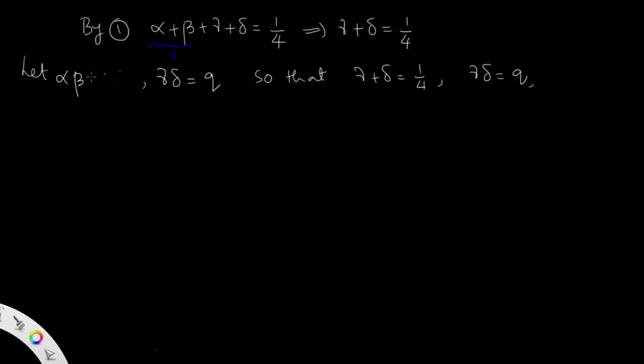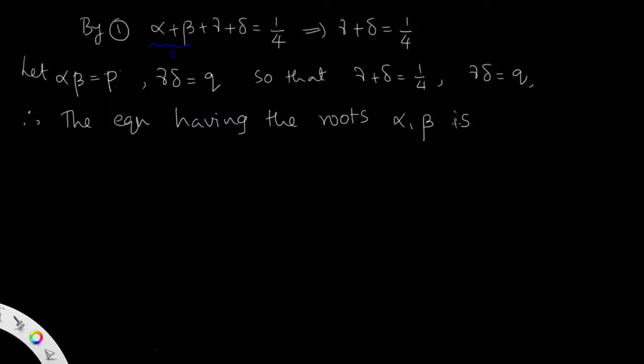Alpha beta equal to p only. Alpha plus beta we have 0. Therefore I am writing the equation having the roots alpha, beta. If the two roots are known, then the equation becomes x square minus (alpha plus beta) x plus alpha beta equal to 0.